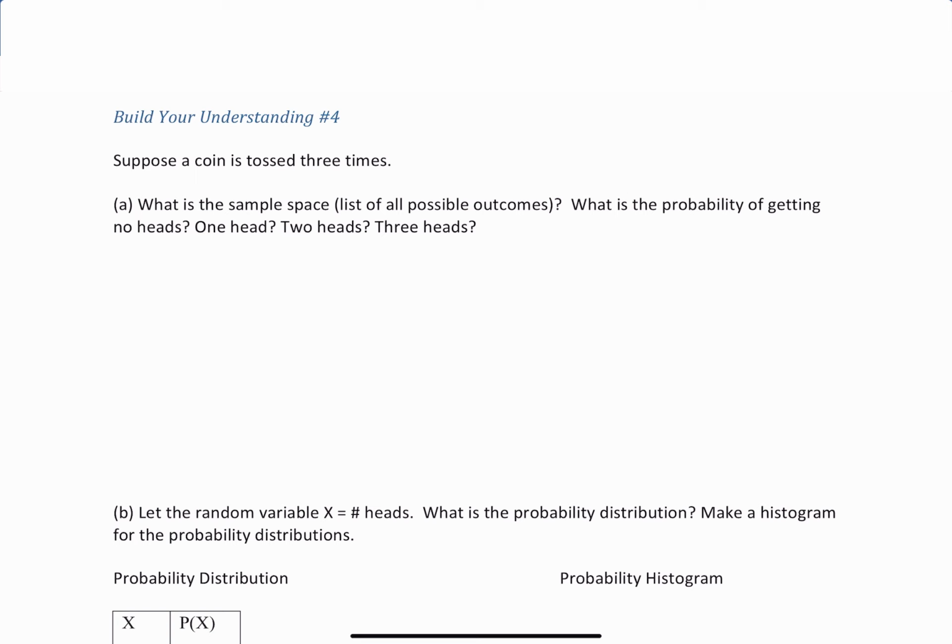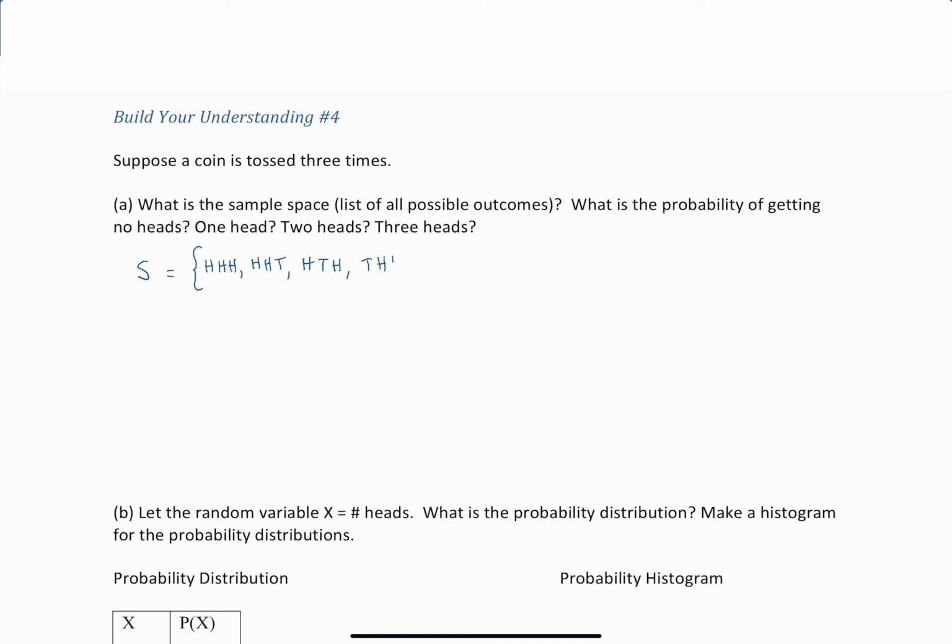I'm going to leave you with a build your understanding problem. This is another coin toss one, so it'll be very similar to the coin toss example I did a little earlier. I'm going to help you get started by helping you with the sample space. So if we toss a coin 3 times, possible outcomes are heads, heads, heads, heads, heads, tails, heads, tails, heads, tails, heads, heads.